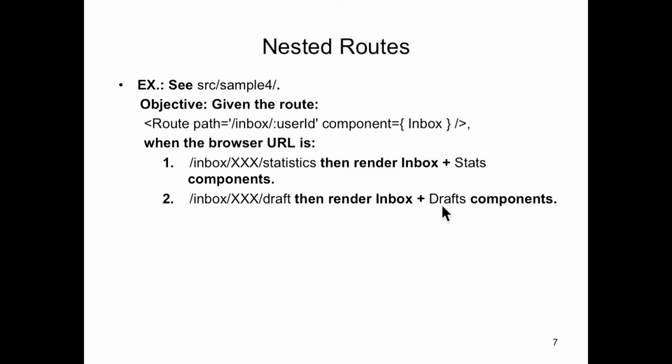Okay, that's my objective. The stats component would maybe show some statistical information related to the particular user's email usage. The draft component might show some draft emails that the user has been writing up but hasn't actually sent off yet.